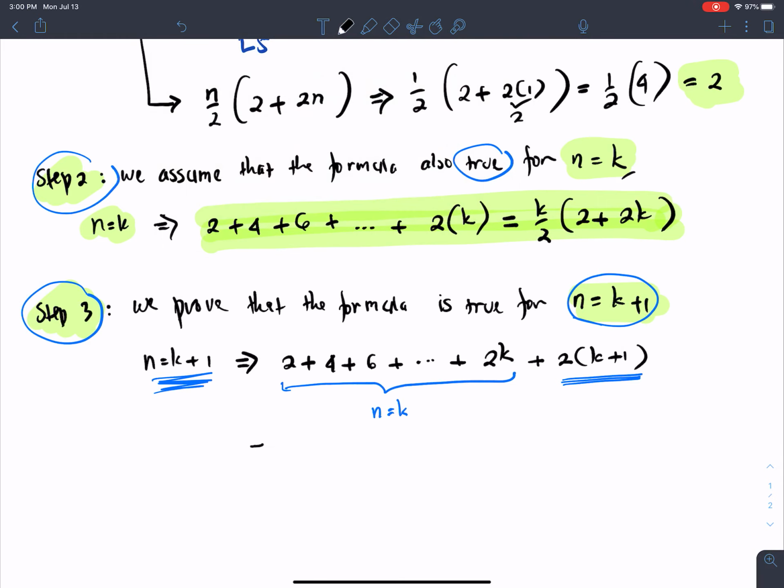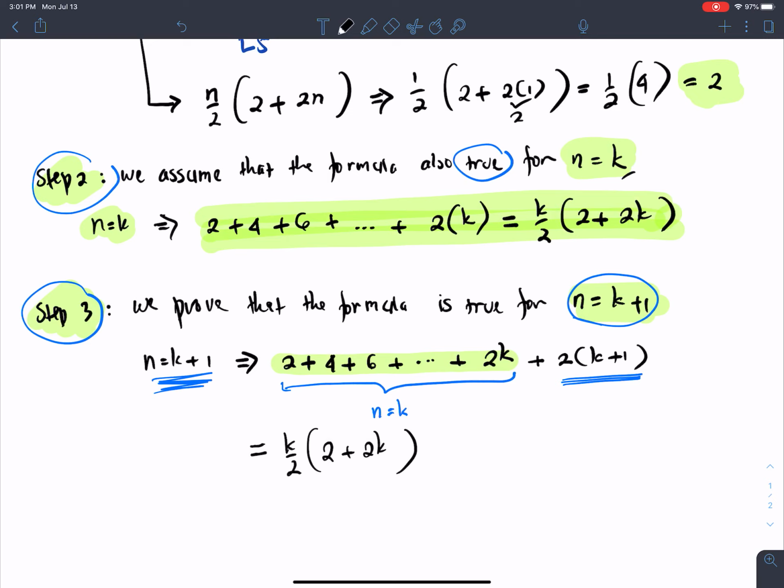So that will be equal. Now, this point from 2 plus 4 plus 6 plus dots up to plus 2k, look again, we already assume that this is true in step 2. That will be equal to k over 2 times 2 plus 2k.